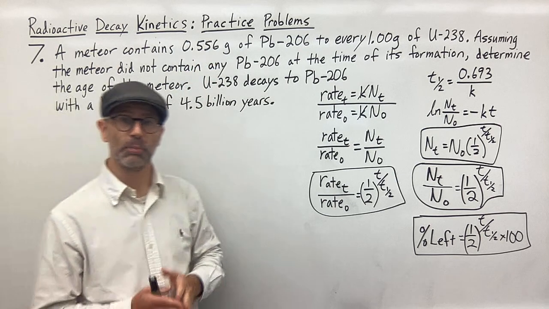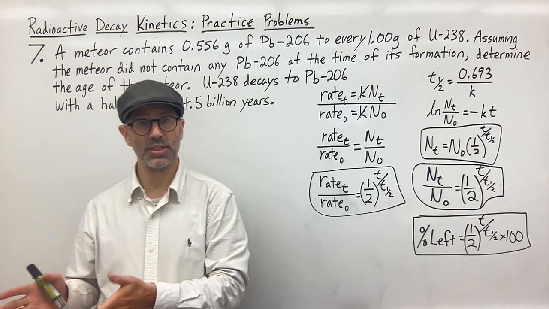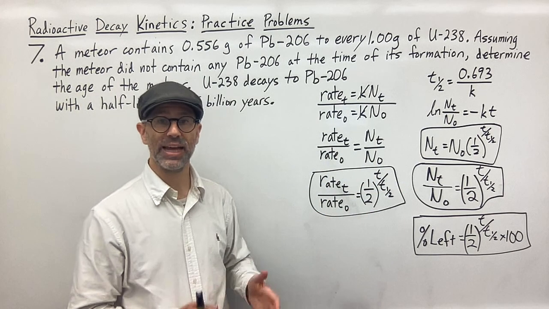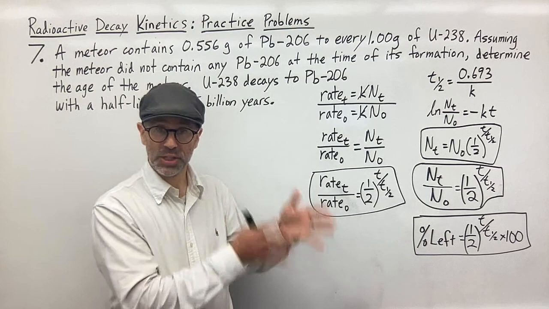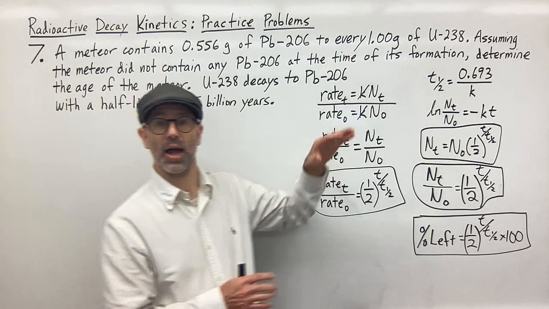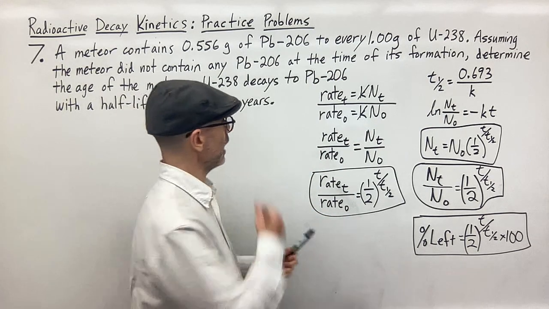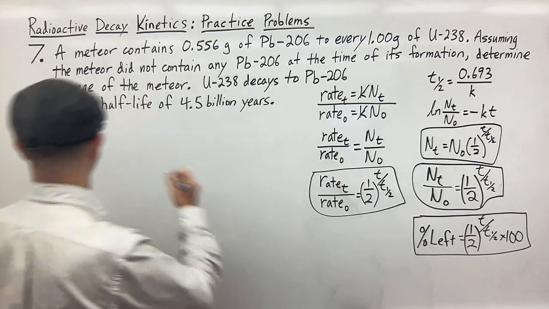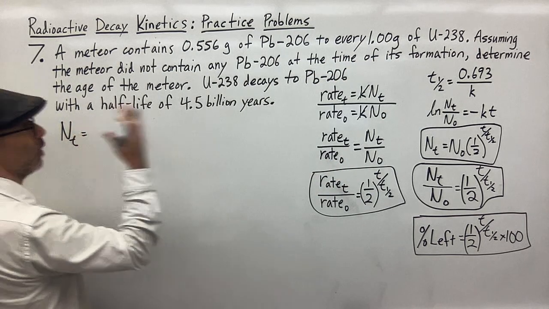So if we can work backwards from the grams of lead 206 back to the uranium 238 from which it came, then we can add that original amount to the 1 gram, and then we'll have the original amount that we started with.